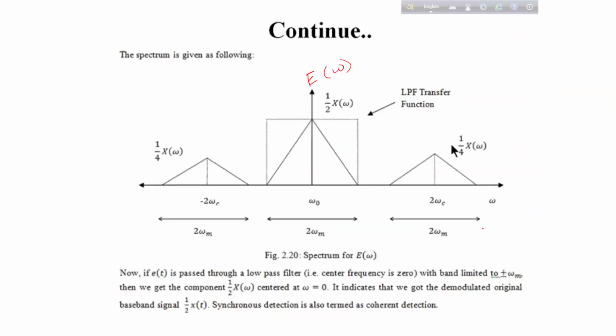So this is the center, with a spectrum at plus 2 omega c and another at minus 2 omega c.